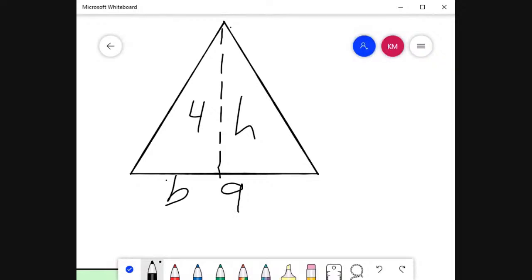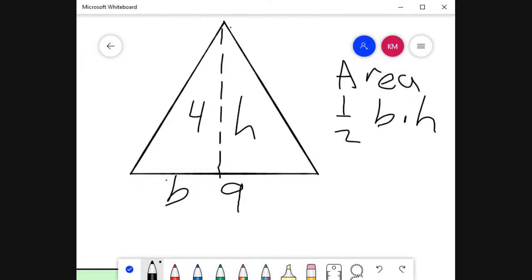Whenever you're dealing with the area, you are finding out how much space the shape is taking up in its current dimension. So for 2D, or two-dimensional shapes, you always multiply these numbers together in order to get the area. The area of a triangle is always half the base times the height.